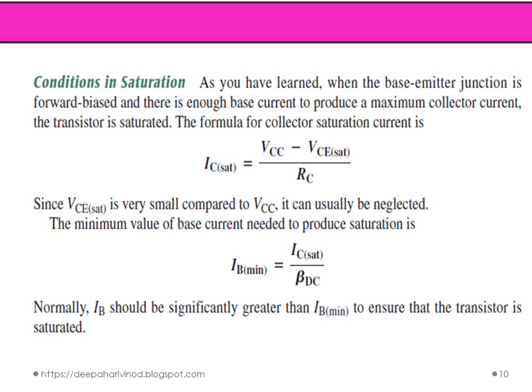The transistor is saturated. So the formula for the collector current in saturation, IC sat equals VCC minus VCE sat divided by RC. That is, in the outer loop, if I apply KVL, I will get this equation.